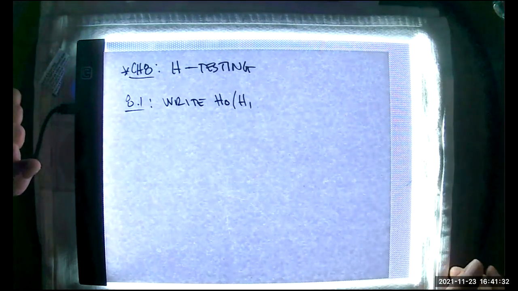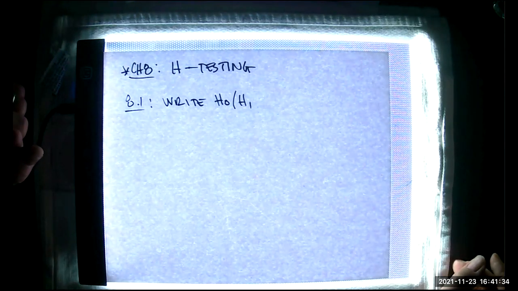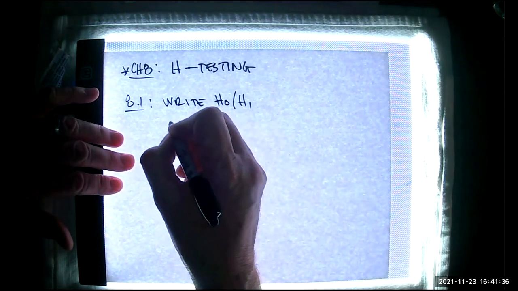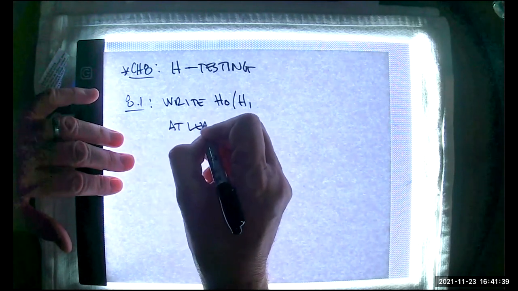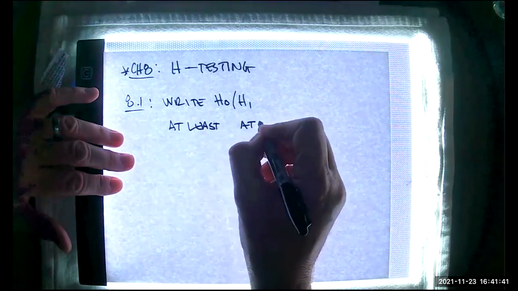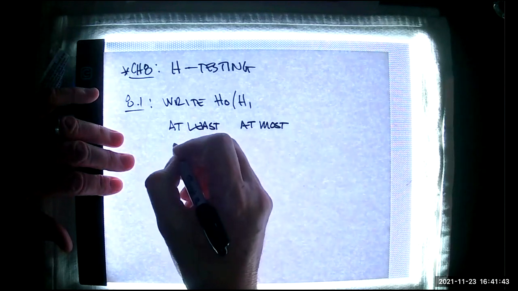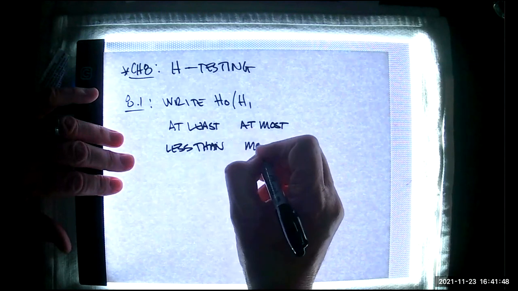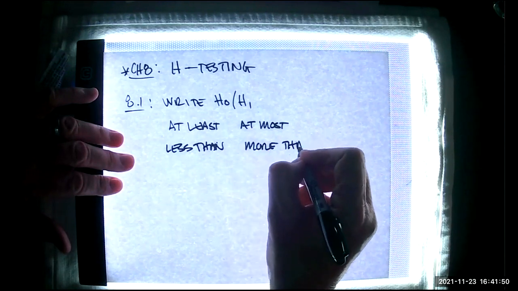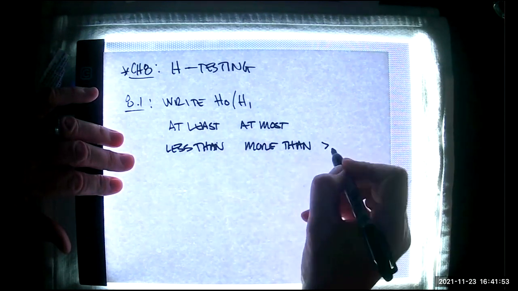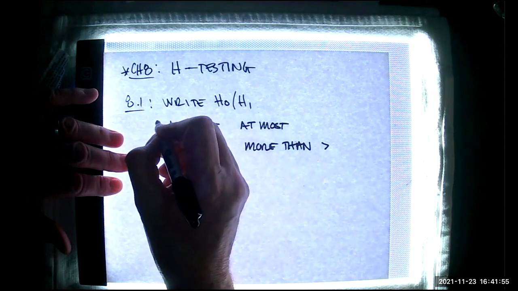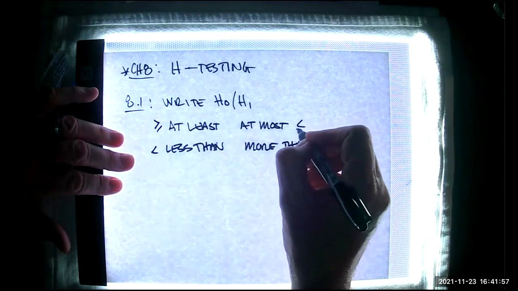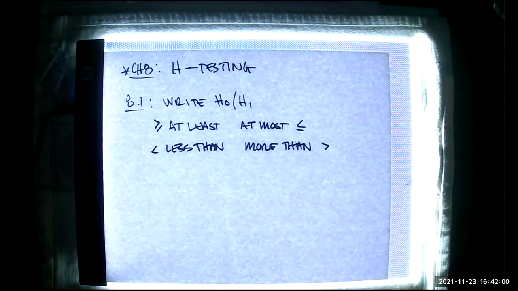You need to be able to write the null and the alternative hypothesis. Phrases like at least, at most, less than, more than, all have a role to play in determining where things fall on the two hypotheses.